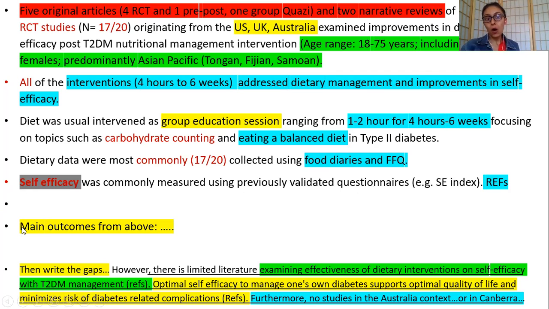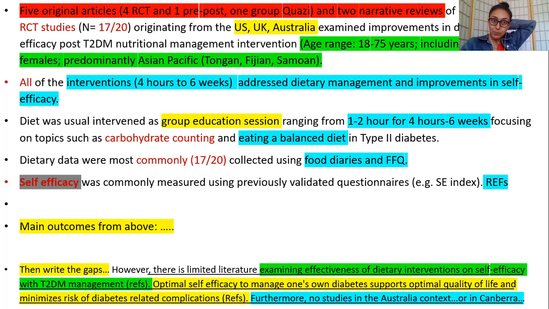Then you report your main outcome from these studies. That yes, these studies showed that the dietary intervention improved self-efficacy by four folds, or the dietary intervention was positively associated with improvements in self-efficacy, whatever those 1-2 lines which you write.